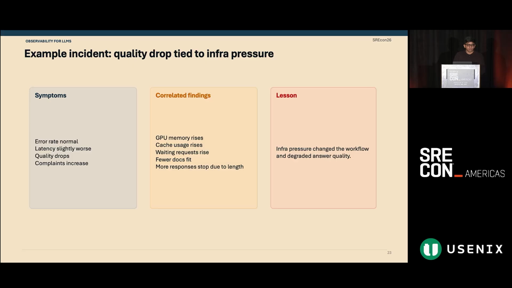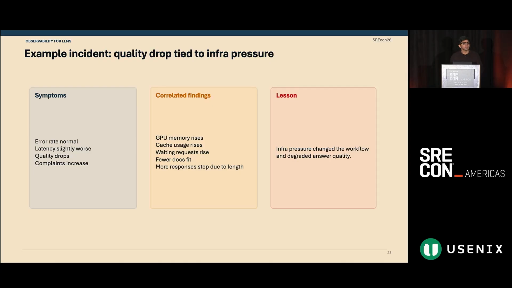So let's go over some example incidents. In this case, the system experienced a drop in quality, and user complaints started to increase. However, we observe that the error rate is completely normal. But digging deeper, we realize that GPU memory usage has risen, cache usage has increased, and the number of waiting requests has also increased.